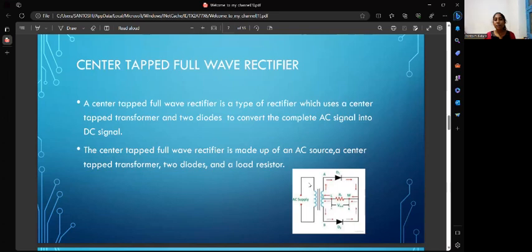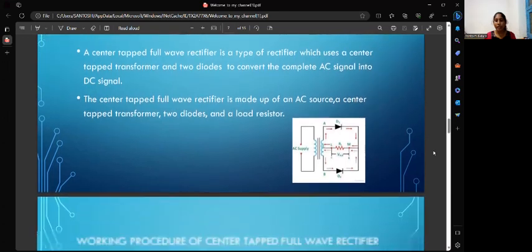It is made up of an AC source, the center tap transformer, two diodes D1 and D2, and the load.